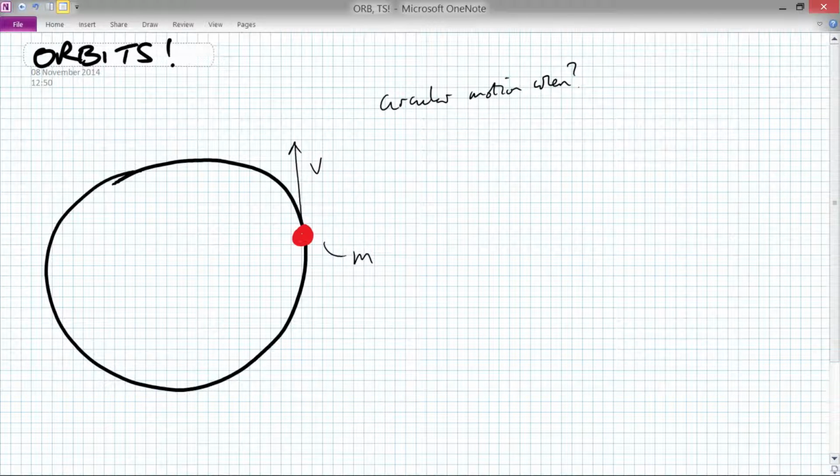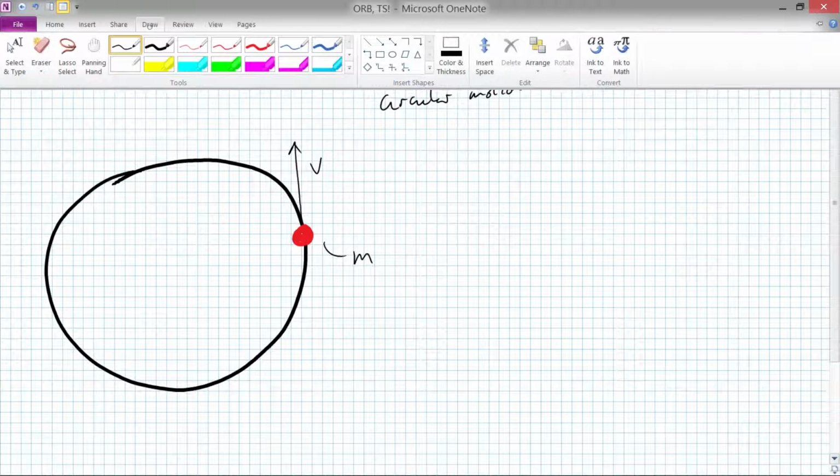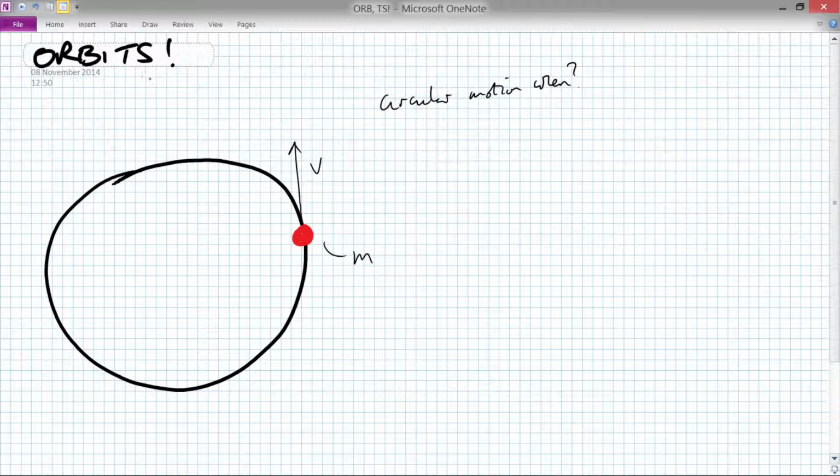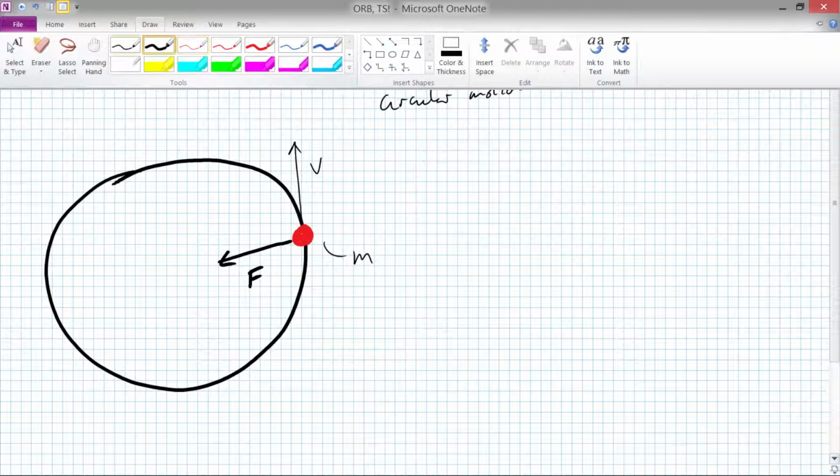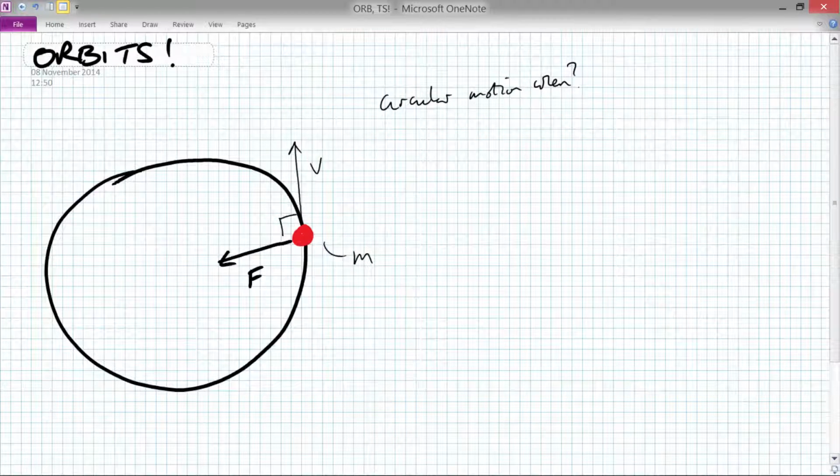So let's start off by considering what circular motion is. Circular motion happens, we said, when you've got something which is experiencing some centripetal force, F, towards the centre of a circle. And what that does is it gives it a change in velocity. Obviously it's accelerating round in a circle, but that force, because it's at right angles to its linear velocity v, doesn't actually change the magnitude of its velocity.